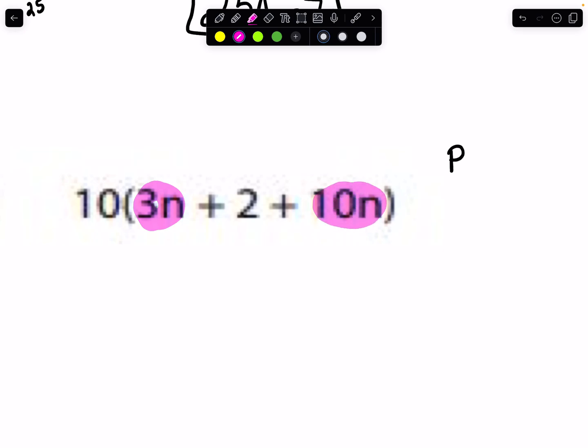But if you don't, you can still distribute that 10 to everything in there. So I don't want you guys to freak out. I'm going to show you both ways, but technically you are supposed to combine the terms inside of the parentheses if you can. But if you forget, it works. It just means more work for you later.